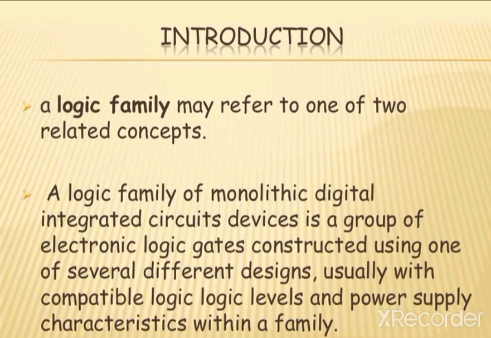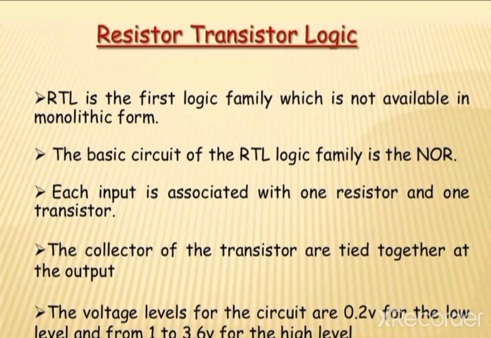So all these gates are available in the form of ICs, and each IC uses a different logic, that means unipolar or bipolar logic. So what is unipolar and bipolar logic? We have seen in basic electronics, if the device or the logic is bipolar, it produces current due to minority as well as majority charge carriers.